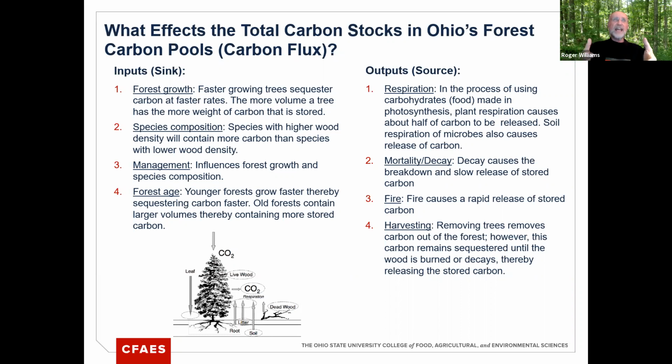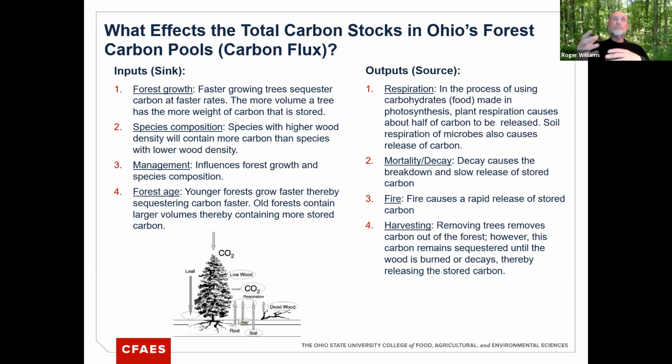And then forest age. Younger forests grow faster, thereby sequestering carbon faster. However, old forests contain larger volumes, thereby containing more stored carbon. So those are important to think about when we're looking at the different aspects of the inputs into our total forest carbon pools.